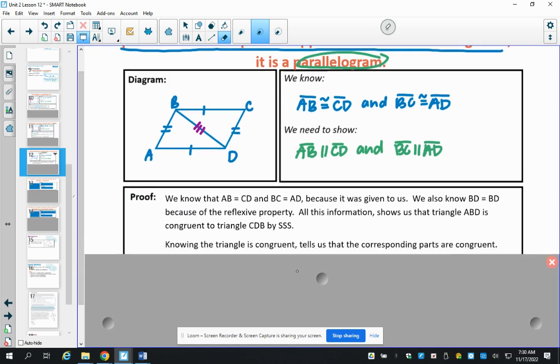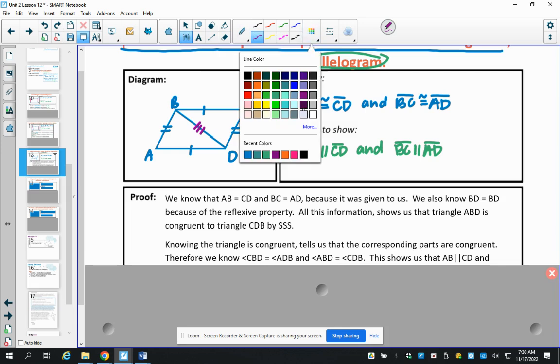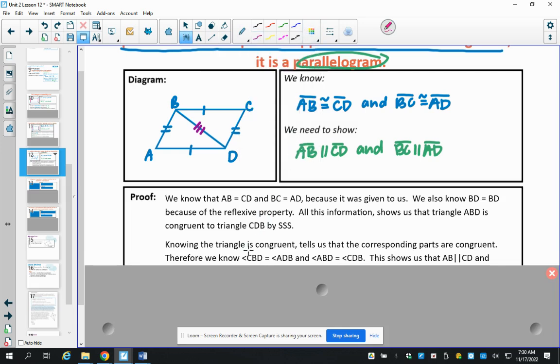Now that you've shown that the triangles are congruent, that means their corresponding parts are congruent. So all of those different angles are congruent to each other. So then we're going to talk about, so now let me get a couple different colors here. So therefore, angles CBD and ADB. So CBD is this one. ADB is this one. So now we know those two are congruent to each other.